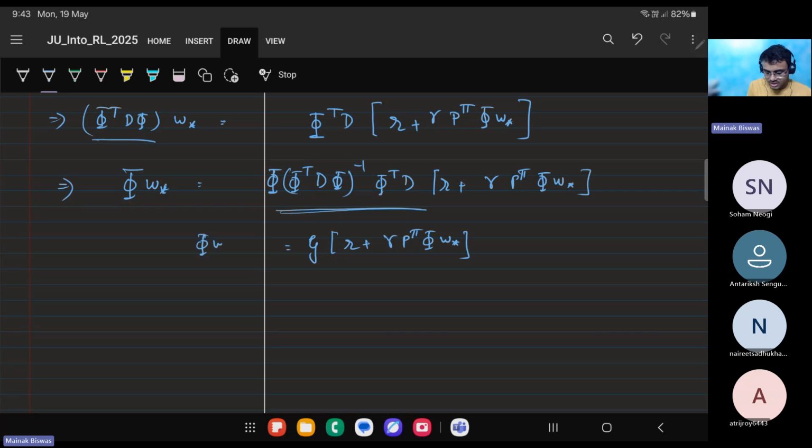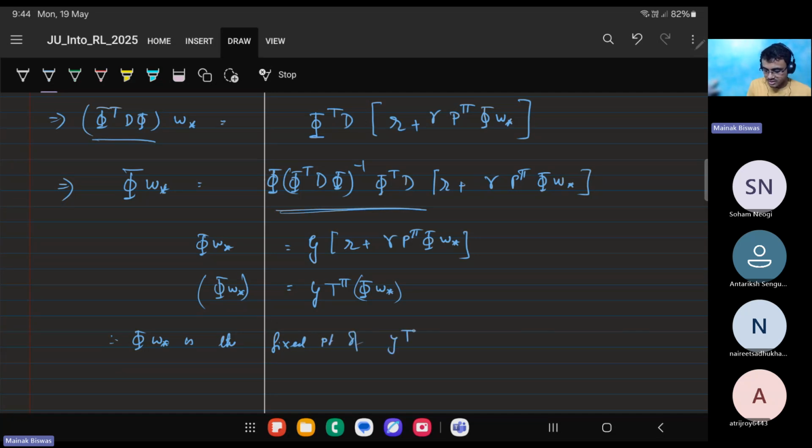Is this very familiar? This is G of T pi of phi W star is equal to phi W star. So we have essentially proved that phi W star is the fixed point.